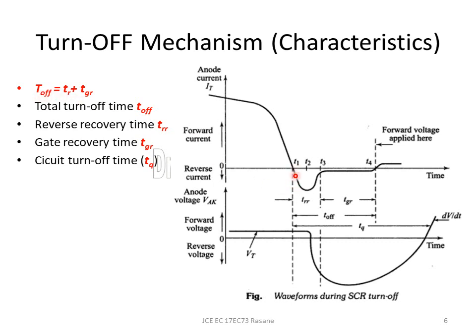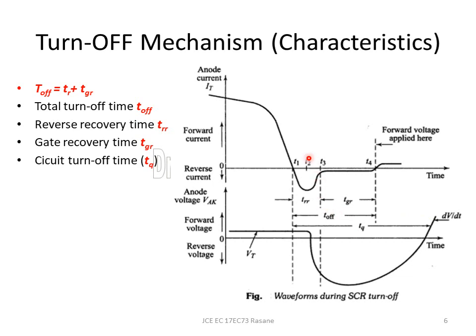So T off is basically the turn-off time of the thyristor, and then what is TQ? TQ is the period for which we apply the negative voltage across the thyristor, because we want to turn it off. The negative voltage across the thyristor should continue even beyond T4 to ensure that the thyristor comes to the off state and doesn't go back to the on state. This we normally call the circuit turn-off time.